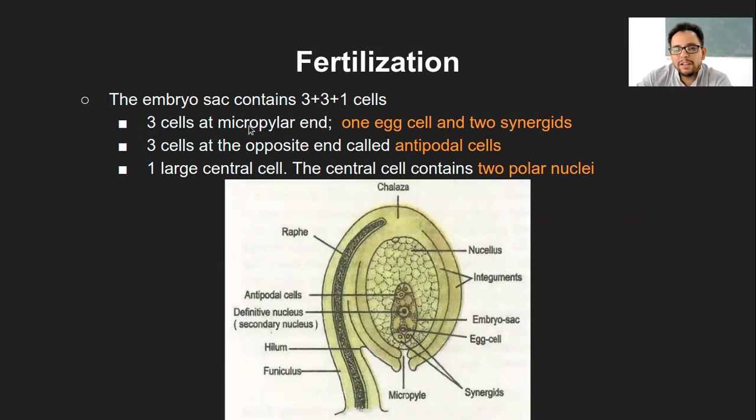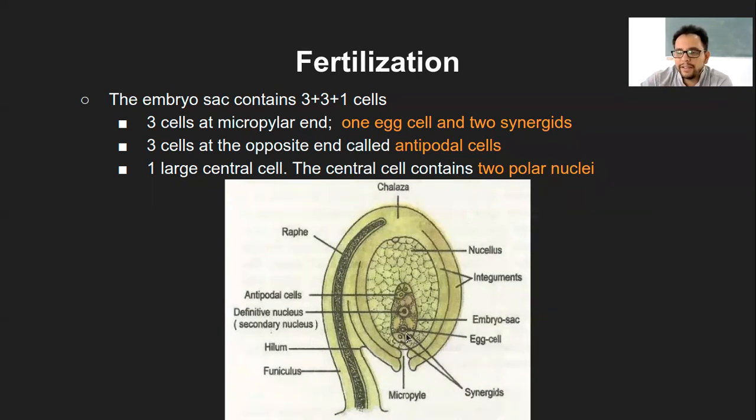3 cells are present at the micropylar end. So these 3 cells on the lower side, you can see this is 1, this is 2, and this is the third cell. Out of these 3, the one sitting on the top is called the egg cell, which is going to fuse with the generative nucleus from the pollen grain.